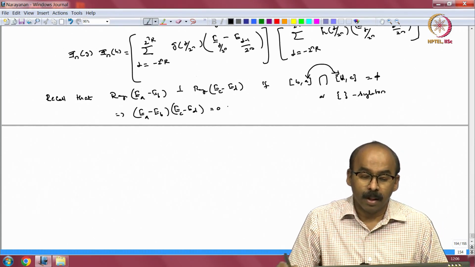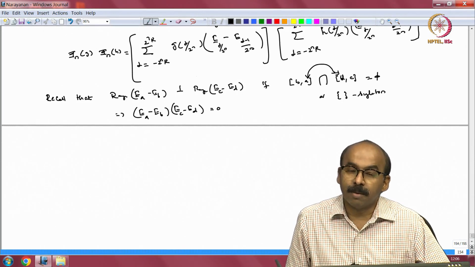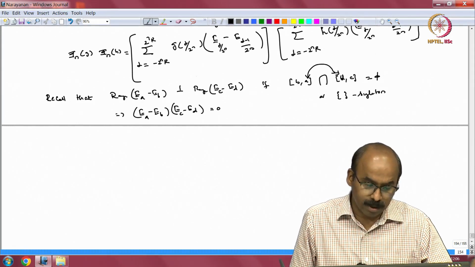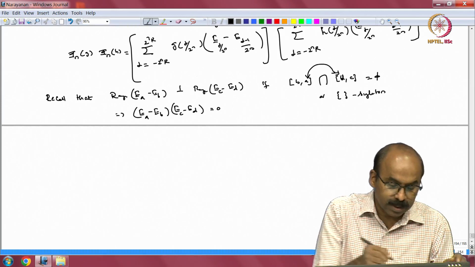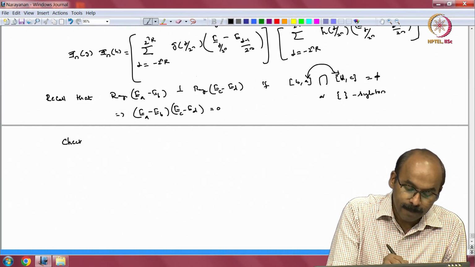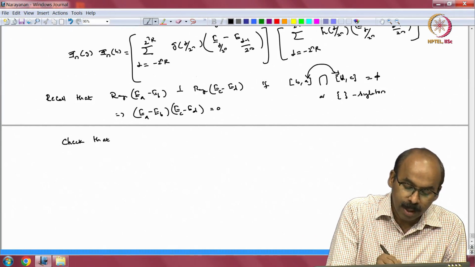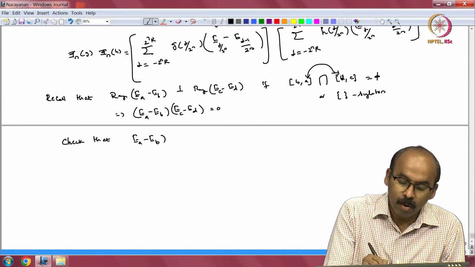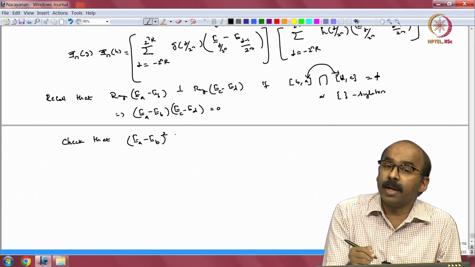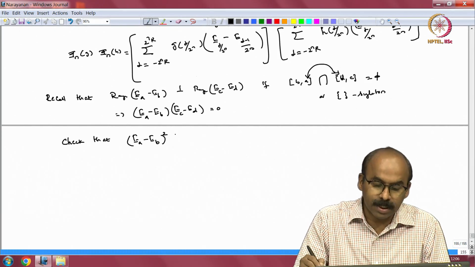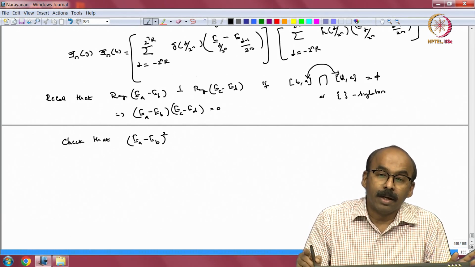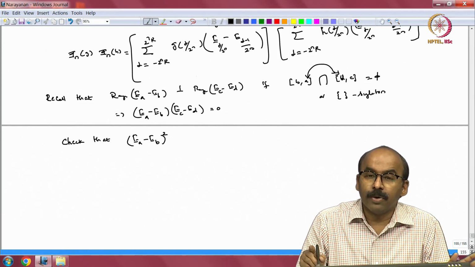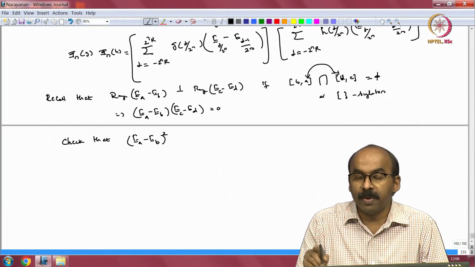Okay. And if they are same, since these are projections, you see that it is E A minus E B. So, check that E A minus E B whole square. So, they are self adjoint and they are projections, and remember the p less than or equal to q implies p q equal to q p and things like that.